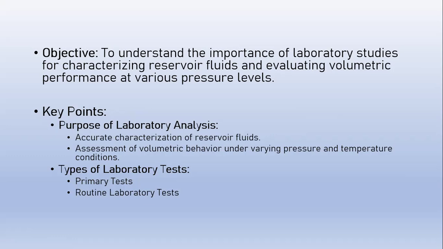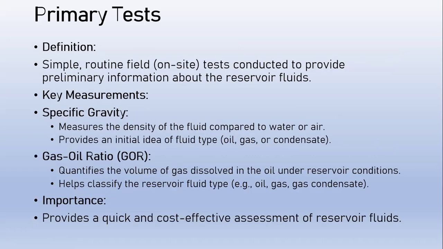After collecting the sample from the well, we carefully transport it to the lab. The primary test is usually done to do some key measurements, which include specific gravity and the GOR. Its importance is to provide a quick and cost-effective assessment of reservoir fluids.